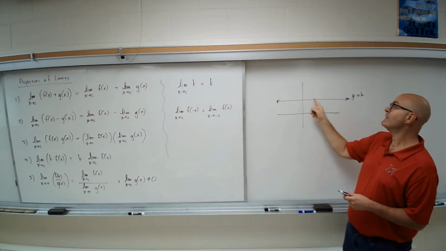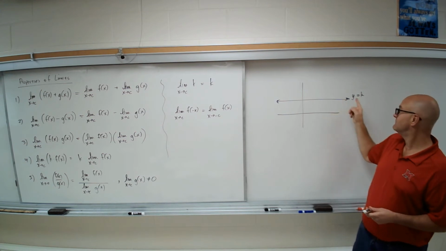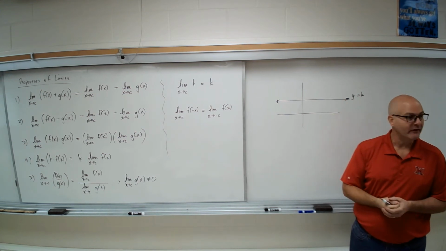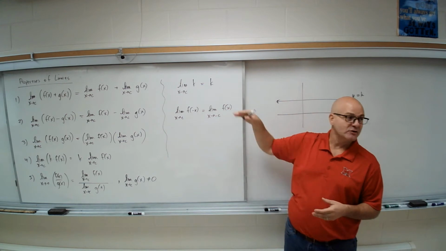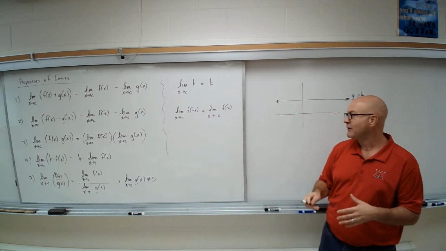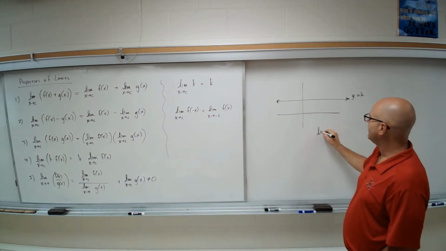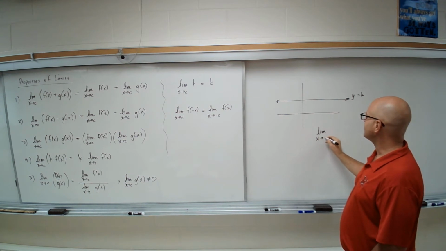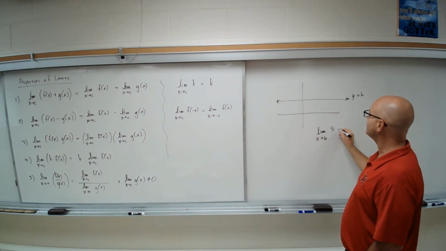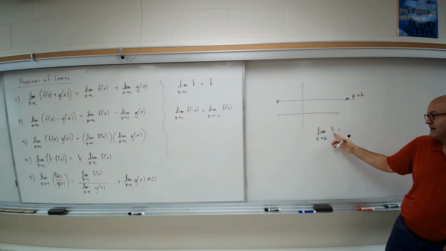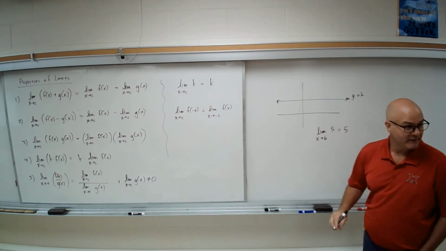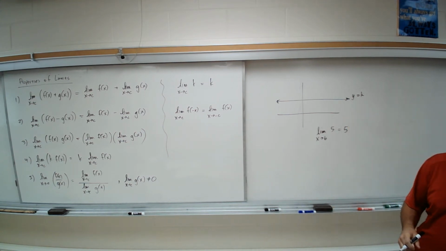So the limit everywhere on this line would just be k, since they all have the same value. It confuses people sometimes when they see it. If you have the limit as x approaches 6 of 5, well, as you approach 6, the output's just going to be 5. That's what you get.